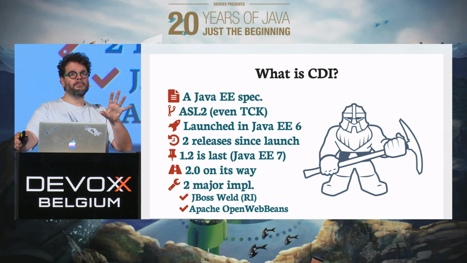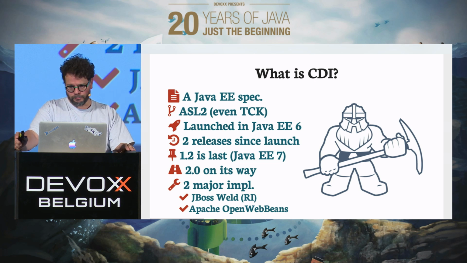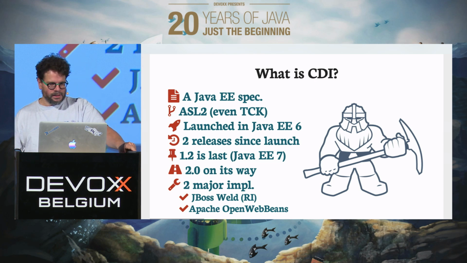We have two major implementations of CDI. JBoss Weld, the reference implementation that we'll be using during the university, and another implementation coming from the Apache Foundation, the Apache OpenWebBeans implementation.